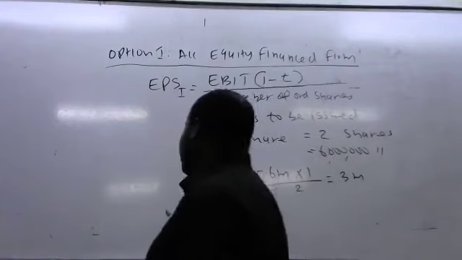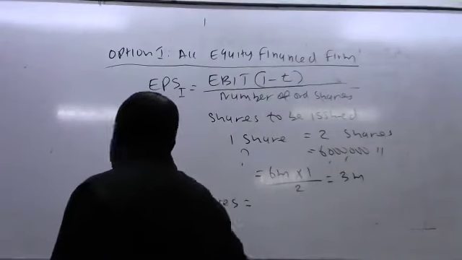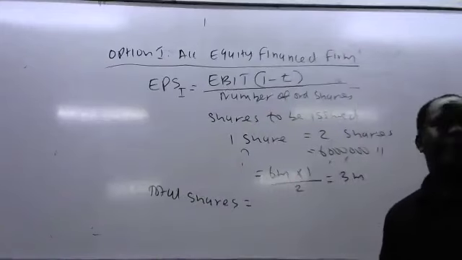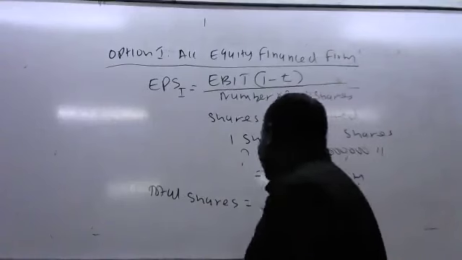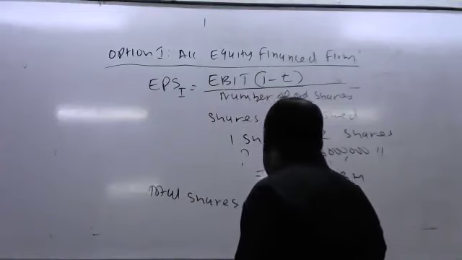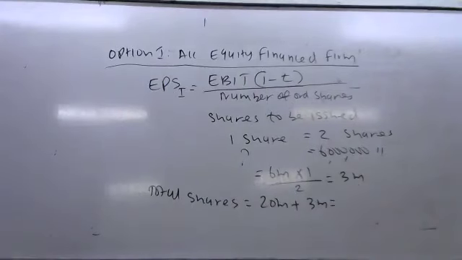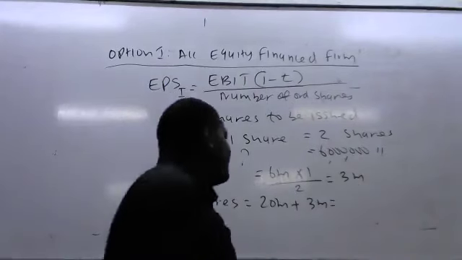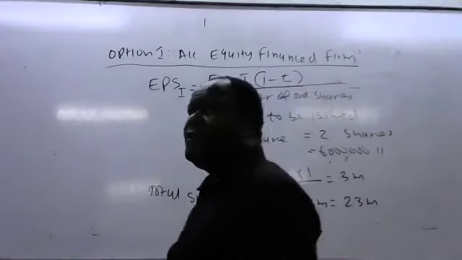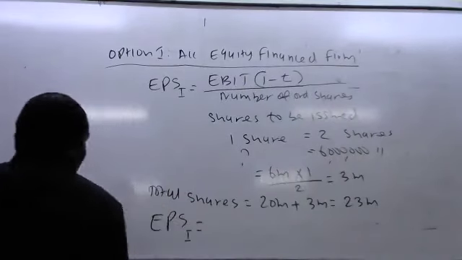Total shares: Nangina currently has 20 million shares per the income statement, and it adds the 3 million it is issuing to acquire the firm. So the total will now be 23 million ordinary shares.